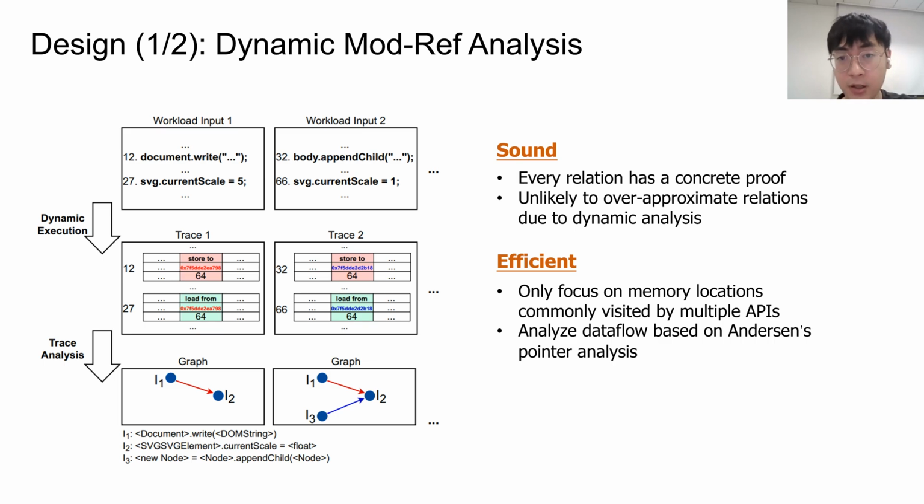So, for example, the access operation on local variables will be ignored. And to achieve this goal, we perform a data flow analysis on the browser source code to see which memory locations are worth recording.